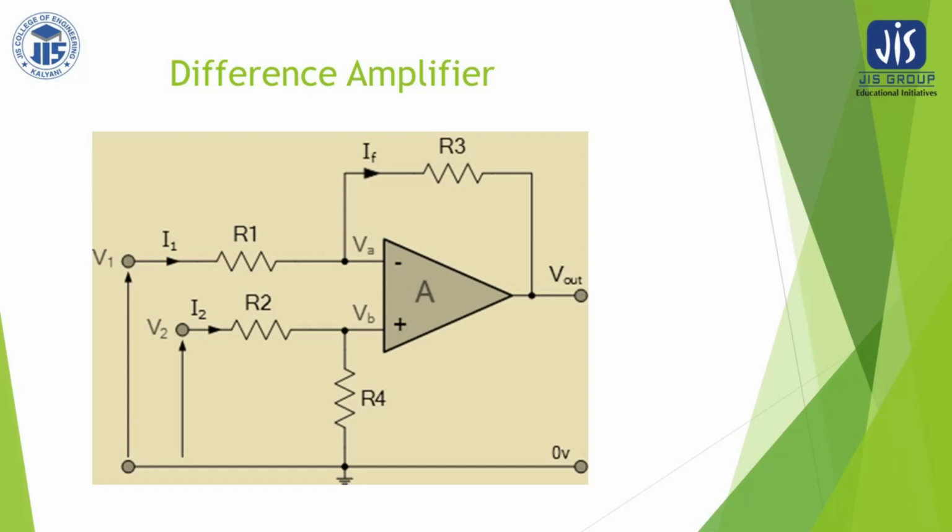Up to this, it is clear, because this V2 by R1 could be taken on the left hand side. Now what is our V0? If we take R2 equal to R1, then V0 is the difference between V1 and V2.